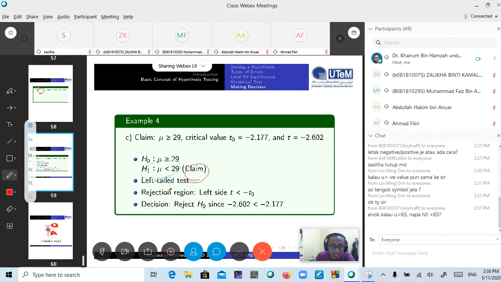And then this one is left tail. Also the same thing, left tail here. So we know that the value of T test is less than your value of T naught. So reject H naught.